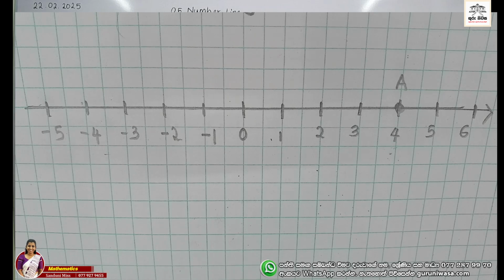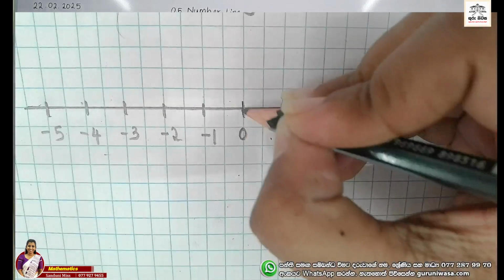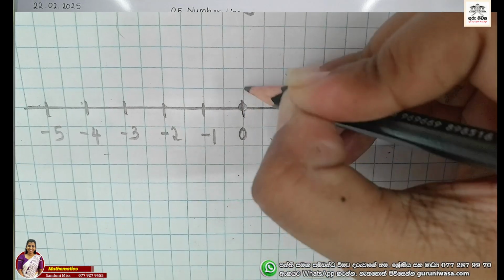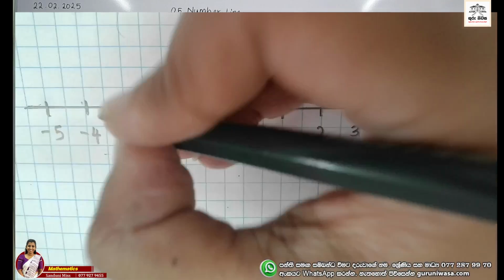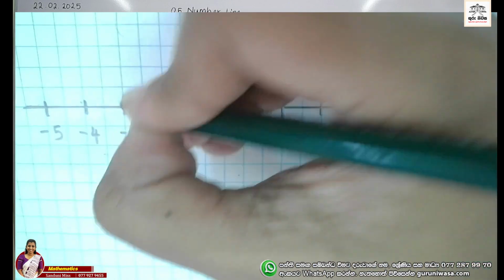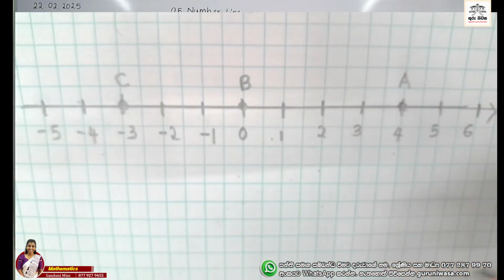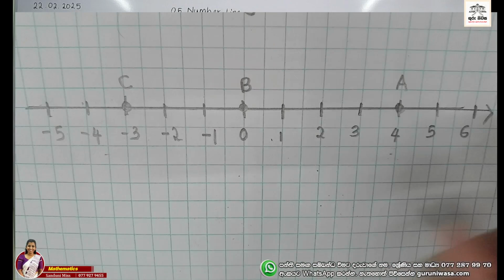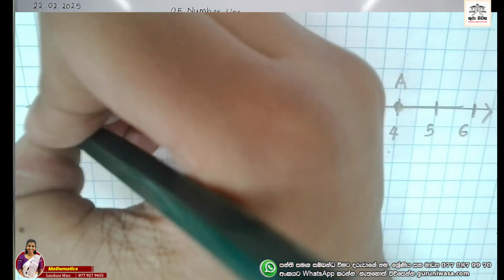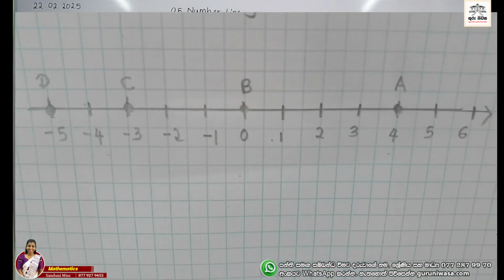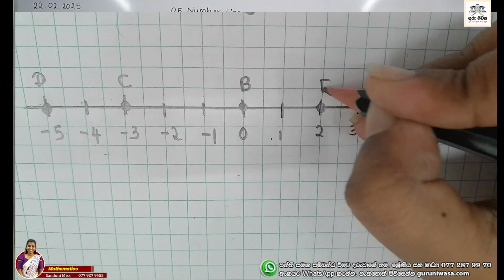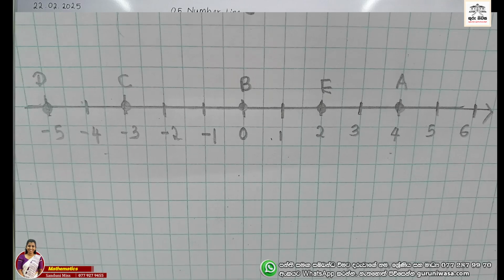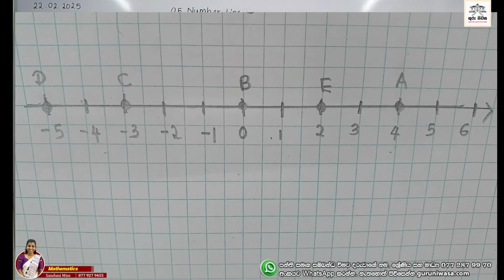Correct. Very good. B you have 0. The next point is C. Then C has negative 5. Next is 2. Okay. Yes, teacher.